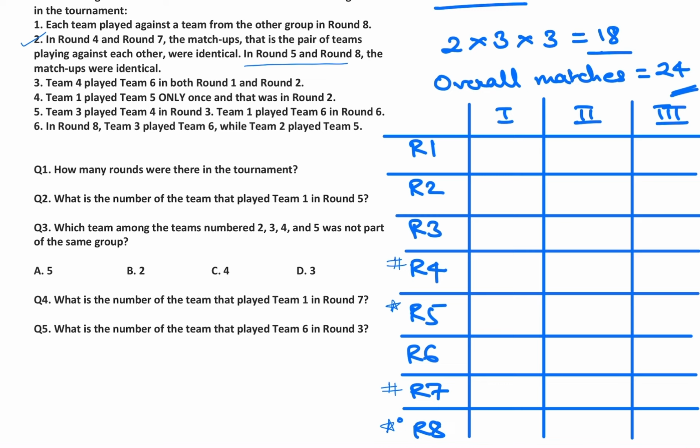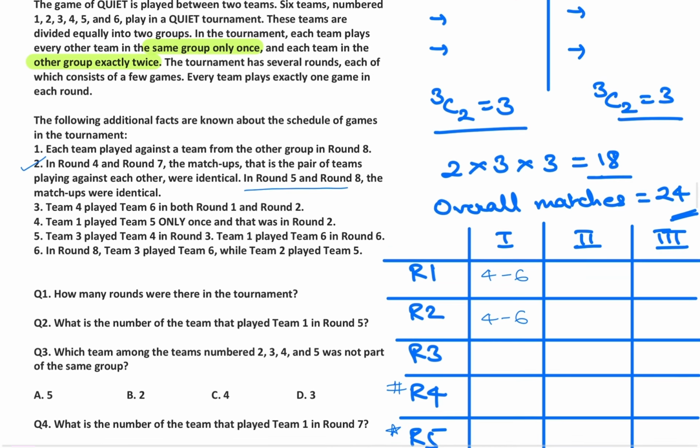Team 4 played team 6 in both round 1 and round 2. Now, what additional data can I get from point number 3? In the data that we have already read out, it was mentioned that each team in different groups plays exactly twice.